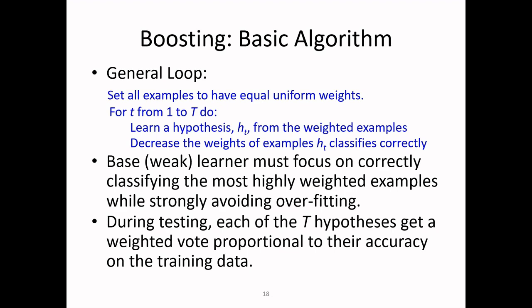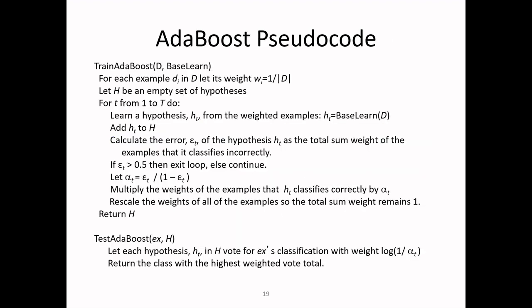So basically that's the idea of boosting. The very first boosting algorithm that became very popular is known as the AdaBoost algorithm. And here is the pseudo code for AdaBoost, which is pretty similar to what I just explained in the previous slides.